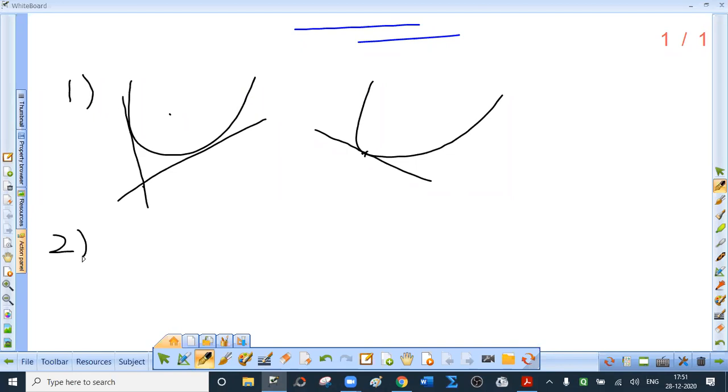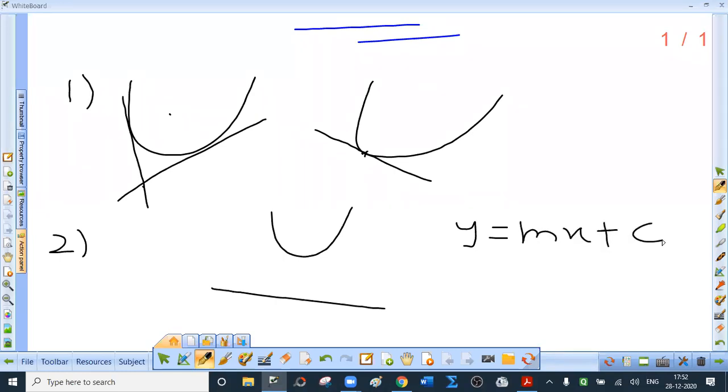Suppose this is the curve. Now there are infinitely many lines having the slope m. All of them will not be tangent to the curve. Equation of any line with slope m can be taken as y equal to mx plus c. So I am interested in knowing what is the restriction, what is the condition on c so that a line with slope m will be tangent to the curve.